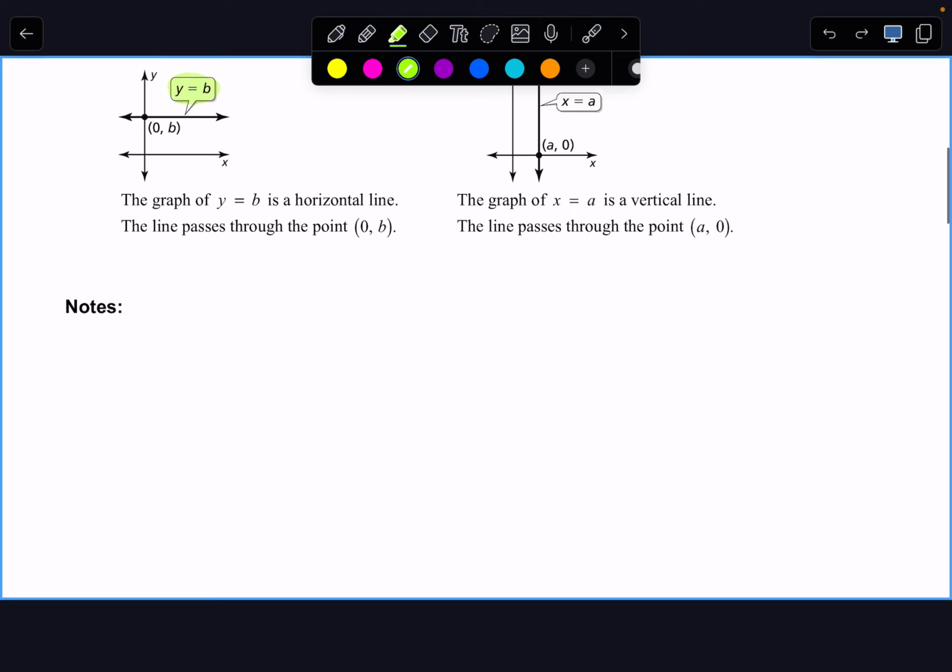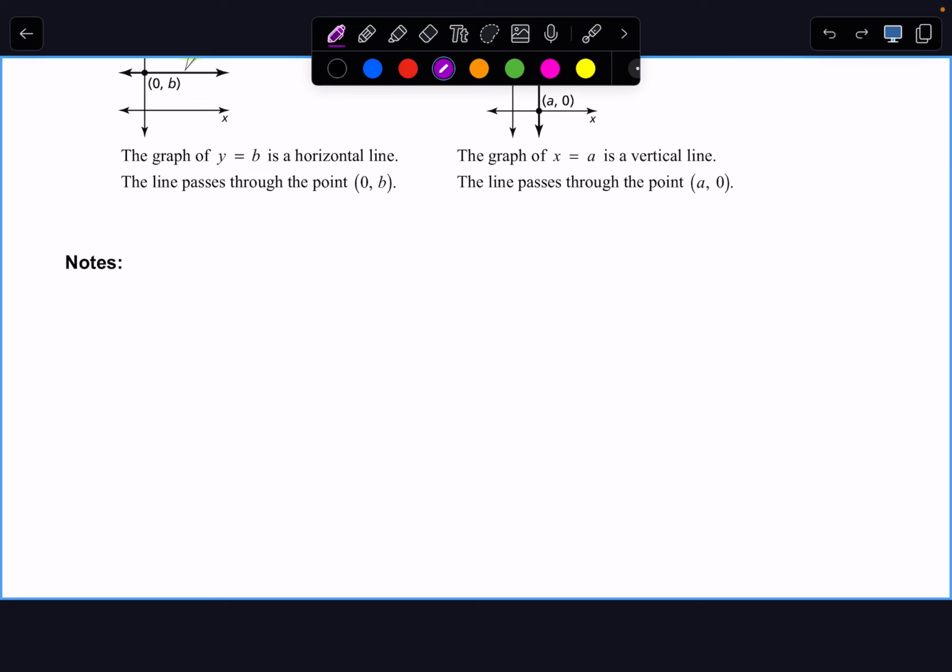So if I ask you to graph the line y equals negative 2, let's talk about what that would look like.